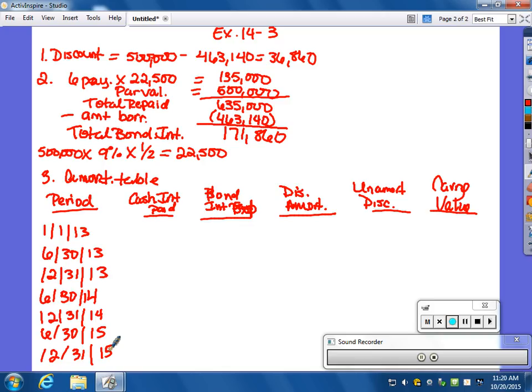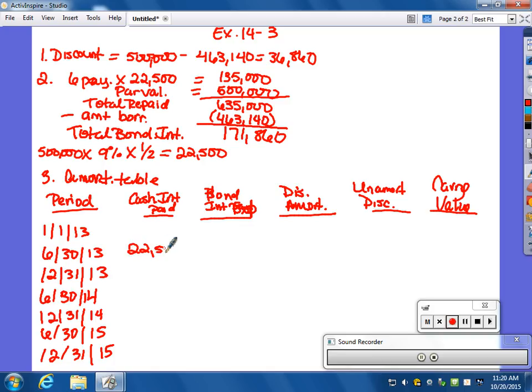Now, cash interest paid, we don't have to calculate that because we figured it out already. How much was each payment? 22,500. So if they had 6 payments, we're talking about 1, 2, 3, 4, 5, 6, not the first year that we took it out, right? Correct.